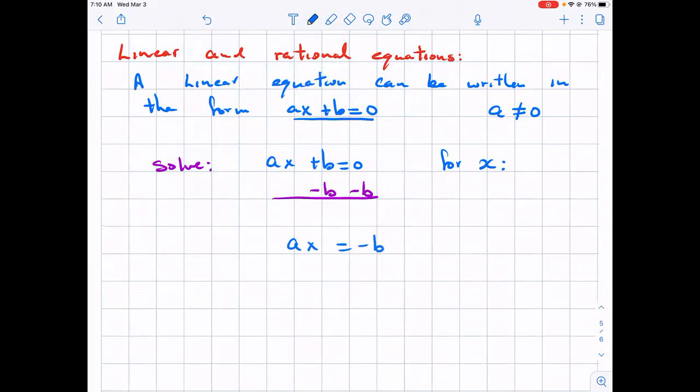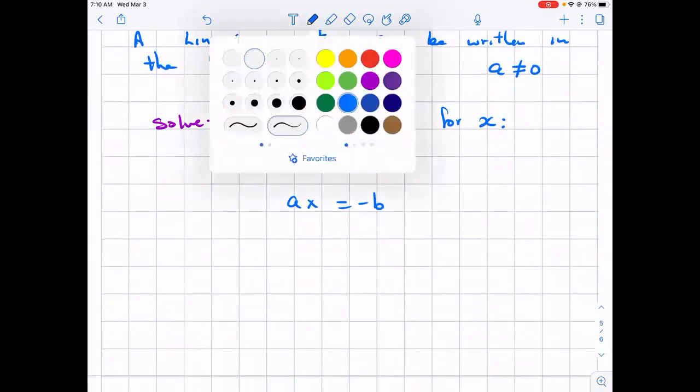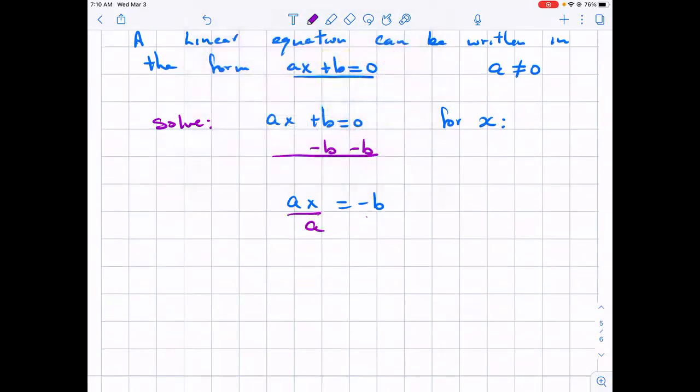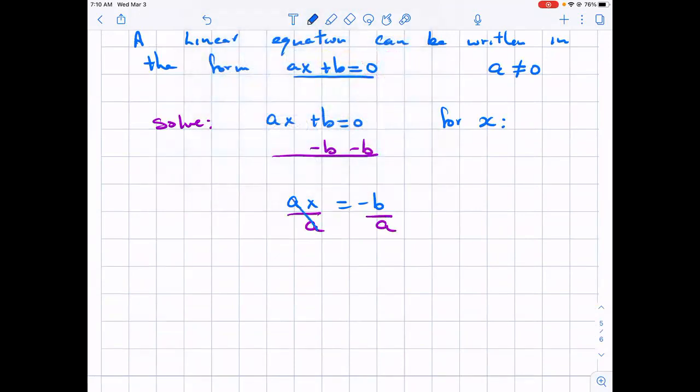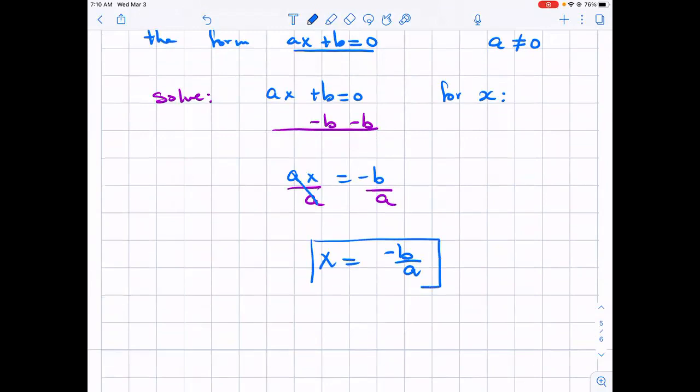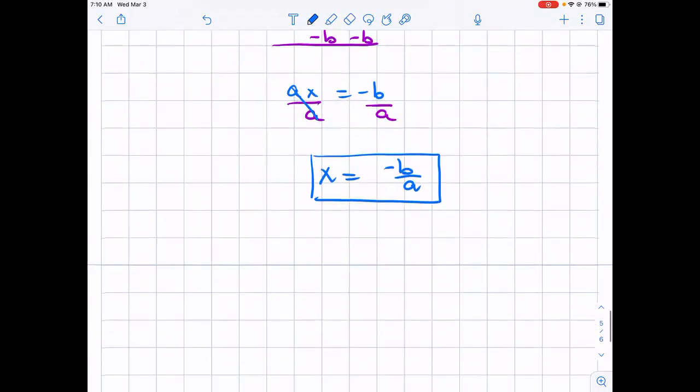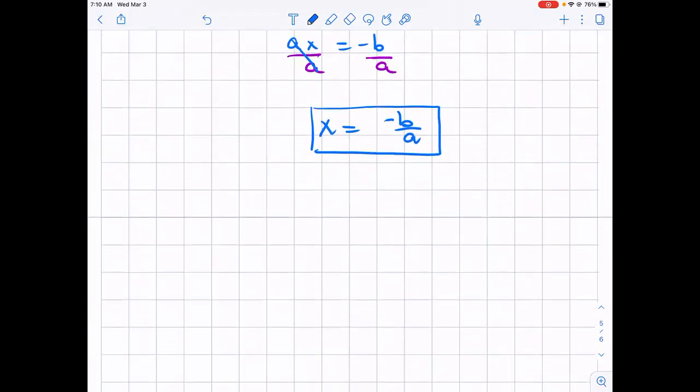Then we divide both sides by a, and x is equal to minus b over a. So we did get an answer, whatever b and a are. That's the idea we'll use when we solve equations: we want to isolate that value, get x by itself.